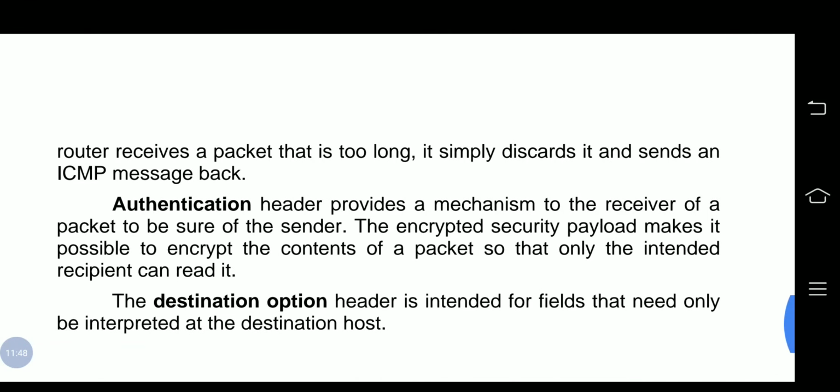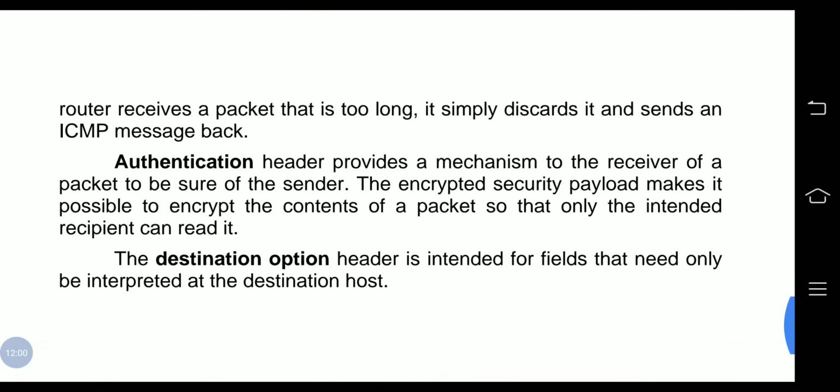Then authentication provides a mechanism for the receiver of a packet to be sure of the sender. Whatever the sender is sending is received by the authentic receiver, not a hacker or an intruder in the network.